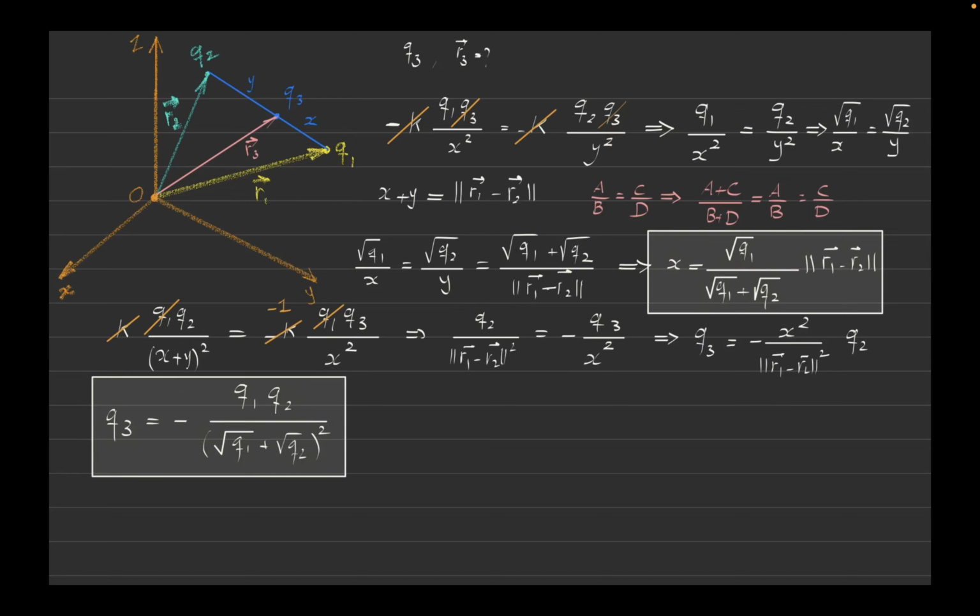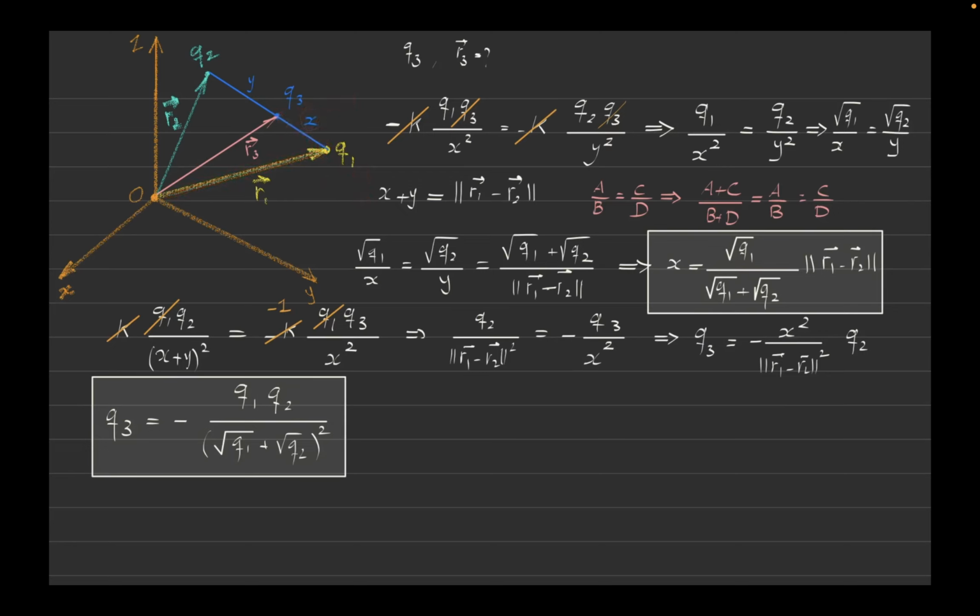So how can I do that? To find r3, I add r1 and this vector together. This vector has the magnitude x, and it is in the opposite direction with respect to r1 minus r2.